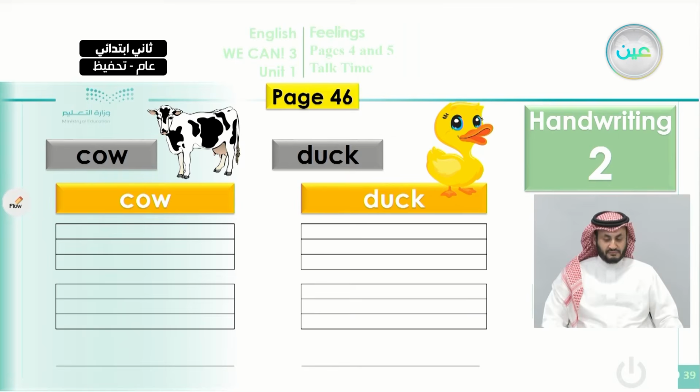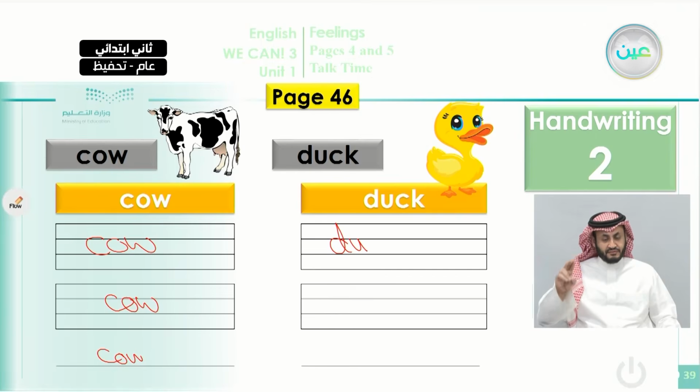Okay, we move to the next part. Now let's write cow. As you can see here, cow is written like this. Cow, okay. We can do like this. Duck.